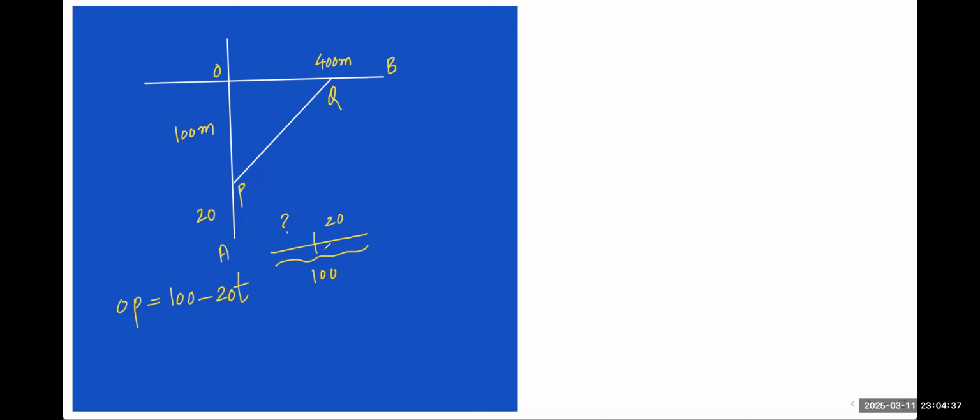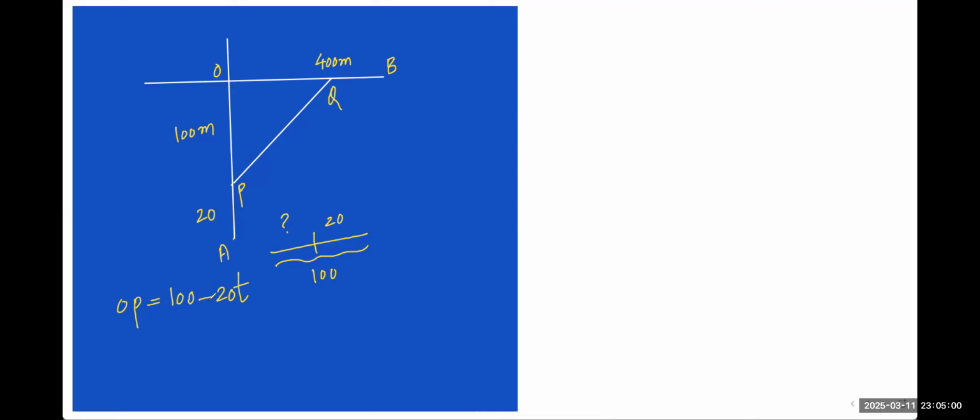Okay, so when the car reaches P, you're saying it's 20 meters. So total distance 100. Up to here, reaching from this point to this point, it is taking 20. And it's asking up to O, how much is required.